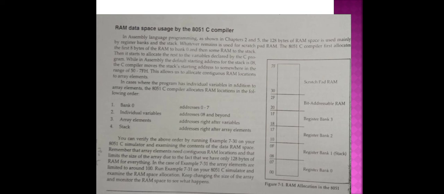Then use the simulator to examine the RAM space locations, change the size of the array and monitor the RAM space. This is the RAM data space when using the C compiler in the program.